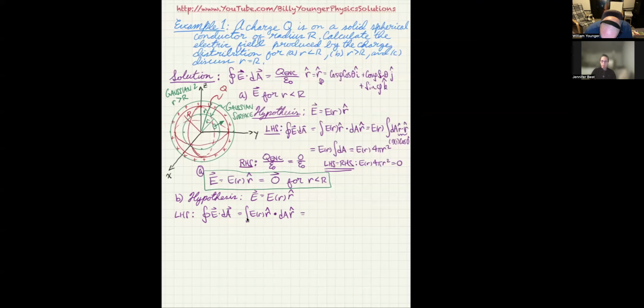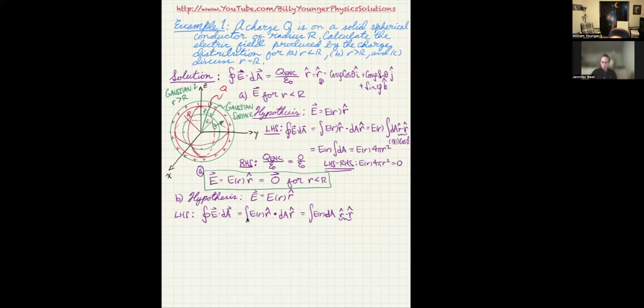Again, I'm going to use the linearity of the dot product. That allows me to write this as E of r dA times, oh, that A turned out bad. Not that bad, but my OCD won't let me do anything different. So dA times r hat dot r hat.